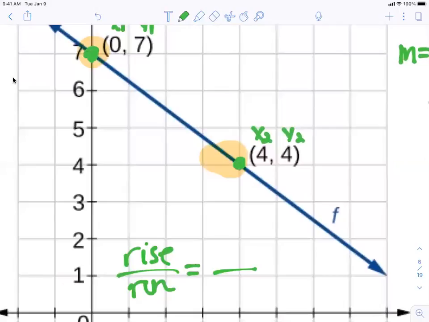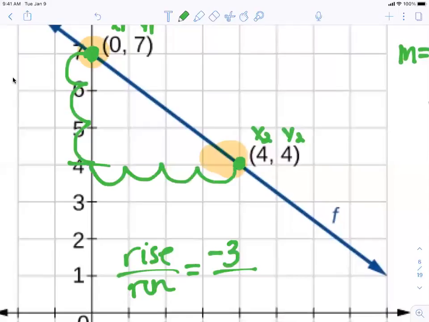In order to get down to this level, how far down do I have to go? I have to go down 3. So because I'm going down, I'm rising negative 3. And to actually get to the point, I have to go 1, 2, 3, 4 to the right. And you're gonna notice you get the same exact answer.